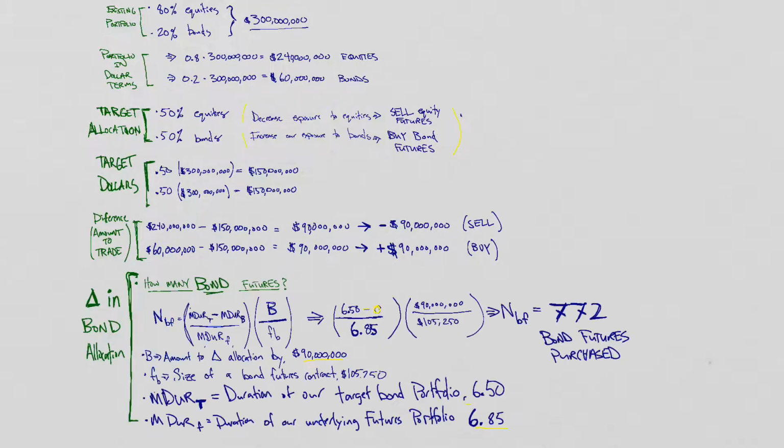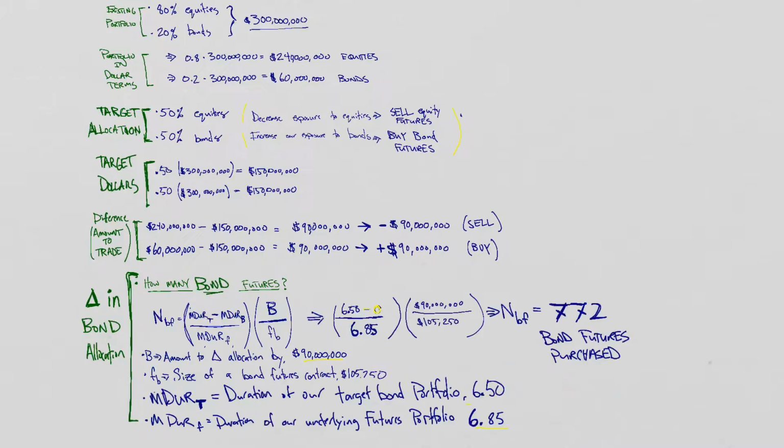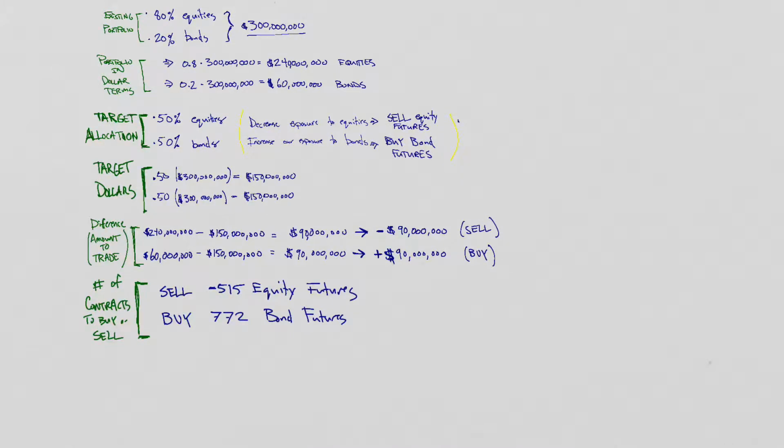Using those formulas that we saw, we should sell 515 equity futures and buy 772 bond futures. And if we do that, that'll get us from an 80-20 portfolio to effectively a 50-50 portfolio.